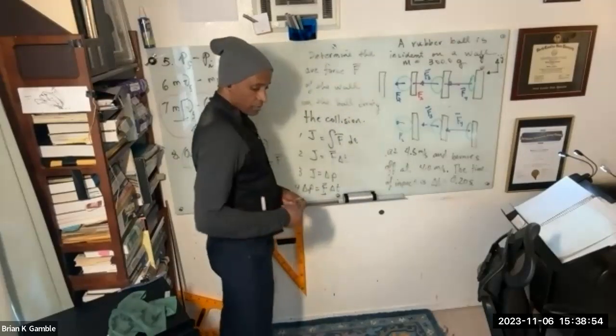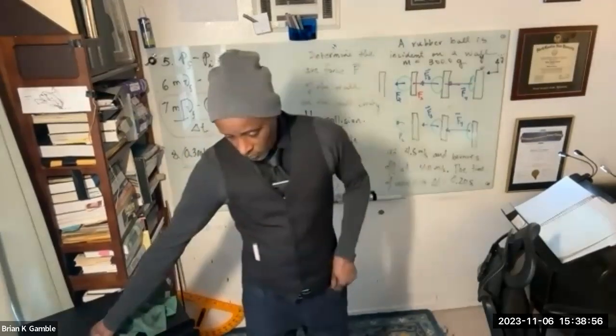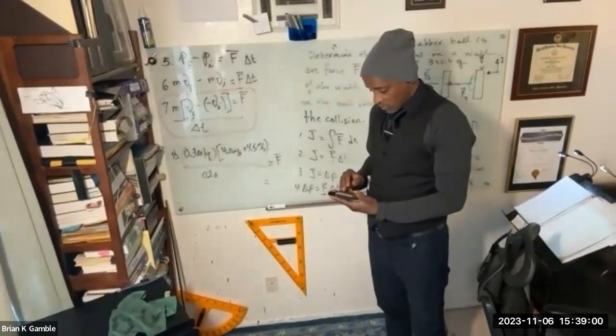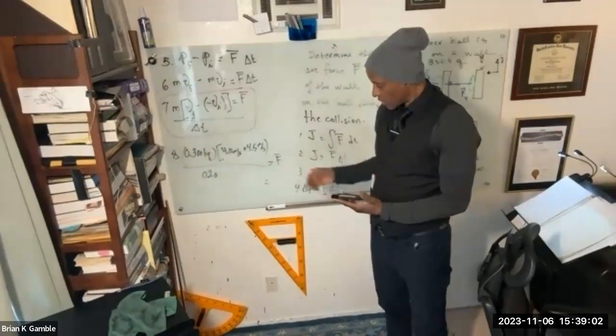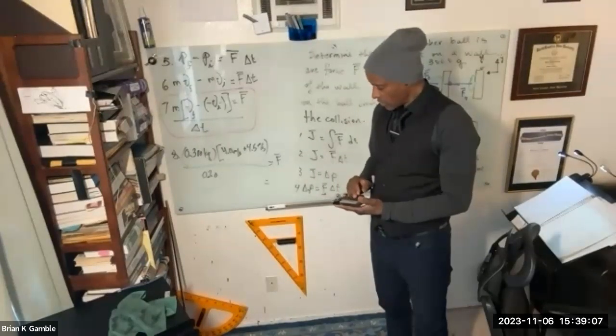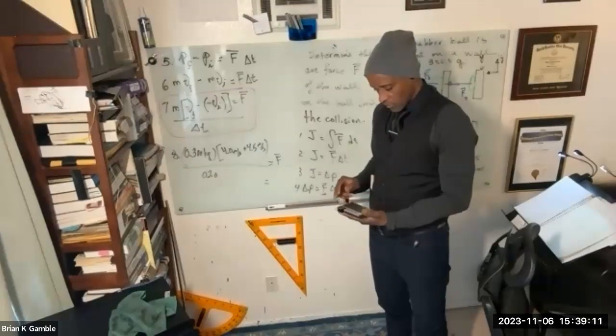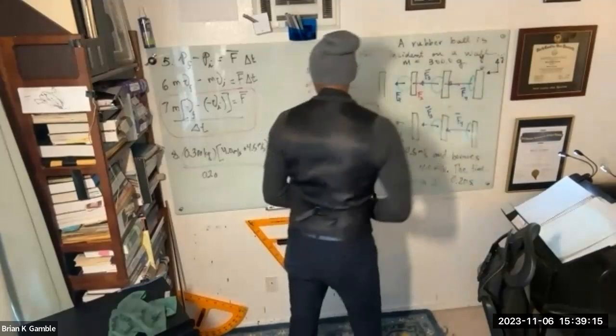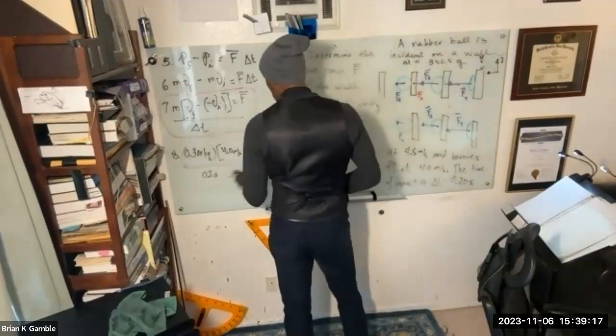We'll see, it's probably going to be a pretty high value. I think these numbers are realistic, so it gives you an idea. So we're talking 8.5 times 0.3 divided by 0.2. 12.75 newtons of force, average force.